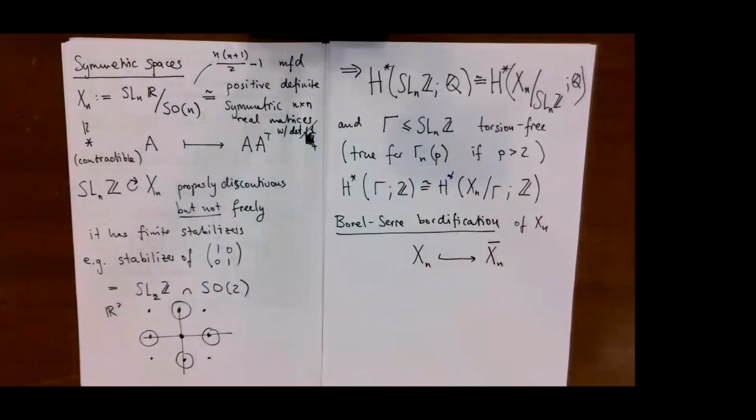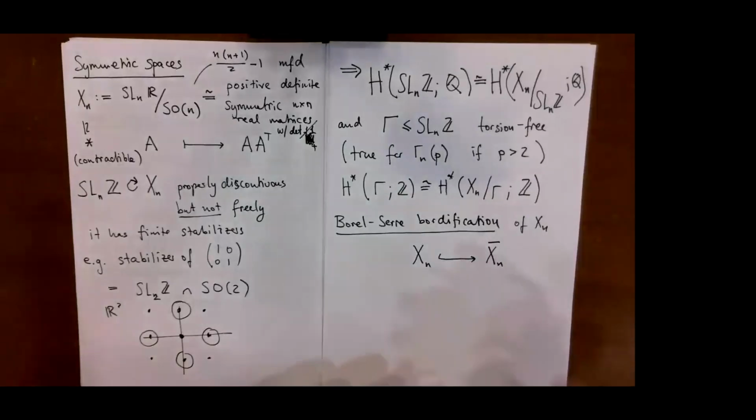As we see in an example, for n equals 2 it is the upper half plane. But now in the symmetric space, for all of these compactifications that we heard about yesterday, you only attach certain boundary points, you partially compactify it, right?